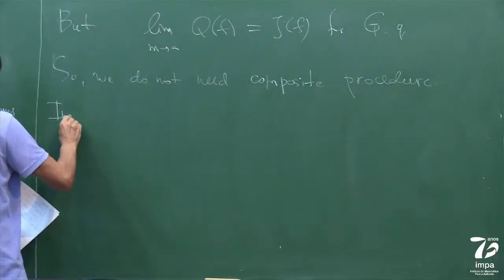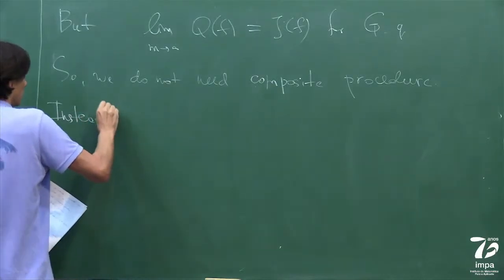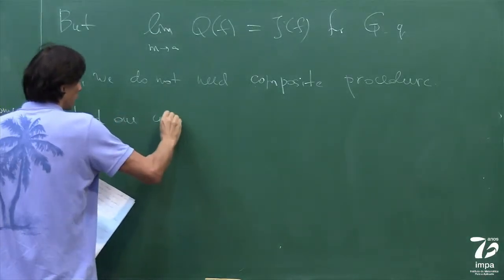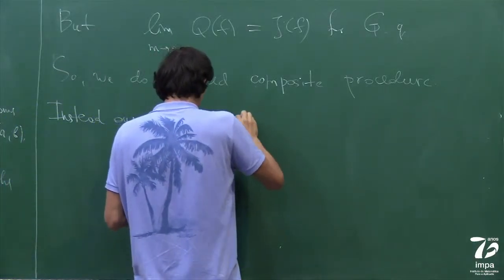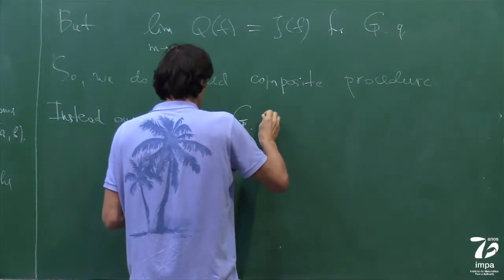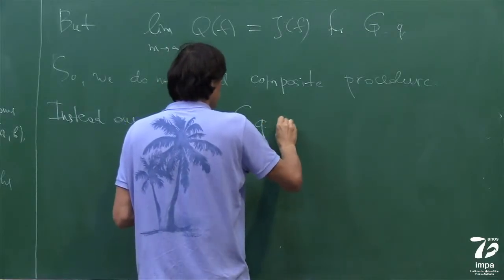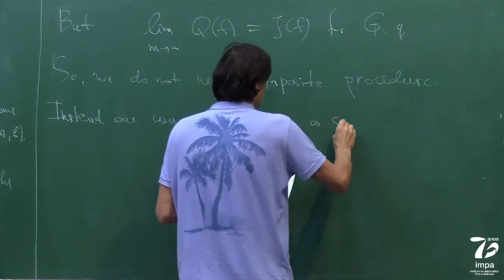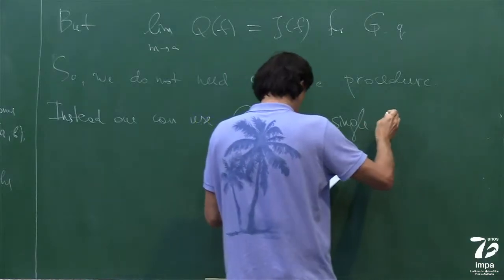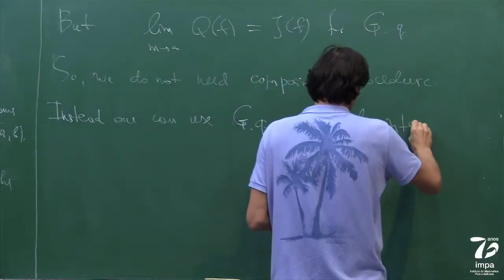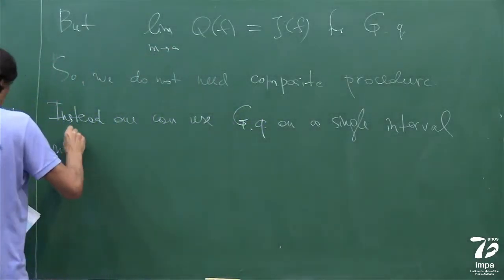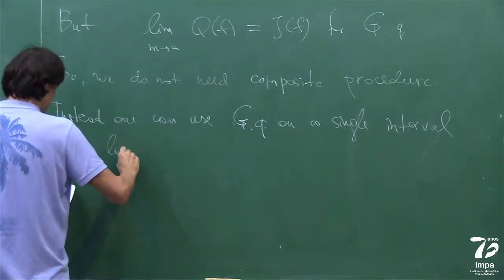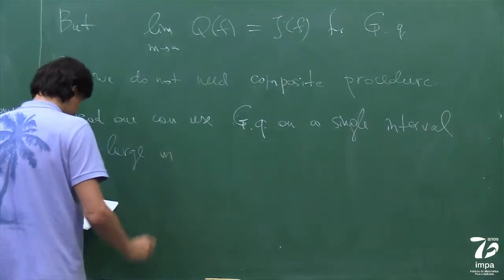So instead, one can use a single Gaussian quadrature on a single interval with large m.